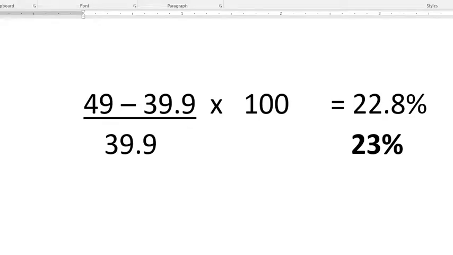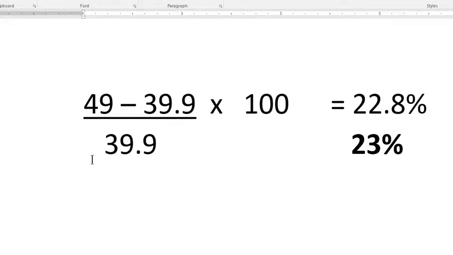So here's a calculation for the inaccuracy of the flat bottom beaker. The beaker itself measured a volume of 49 milliliters. The graduated measuring cylinder gave the accurate measurement of 39.9. So the difference between the beaker and the graduated measuring cylinder is 9.1.